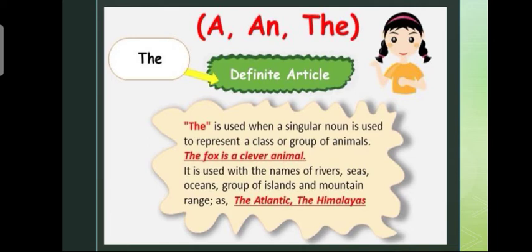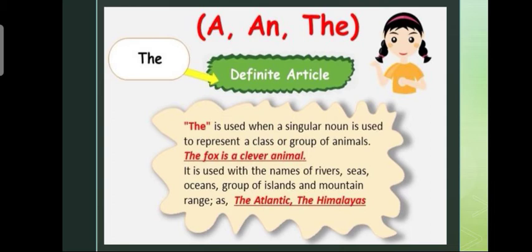For example, the fox is a clever animal. Now we are talking about a particular animal who is clever and it is fox. So we are very precise about the name of the animal. So we will be using the fox is a clever animal.